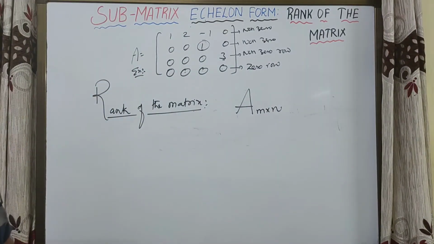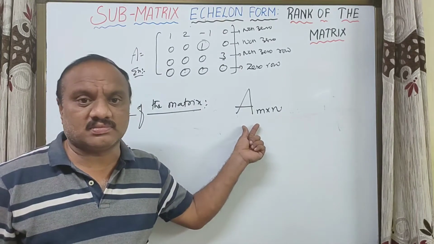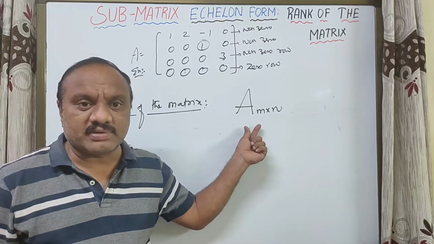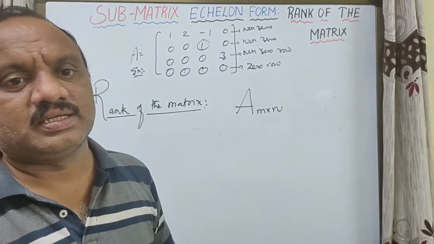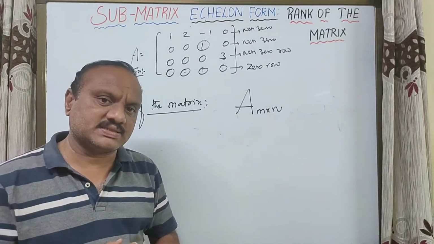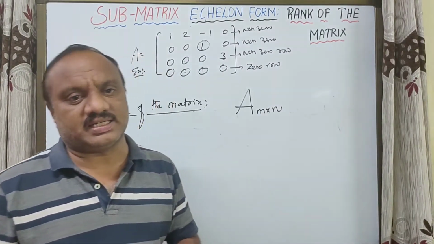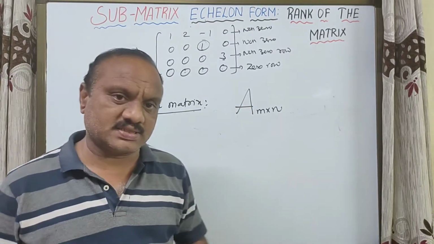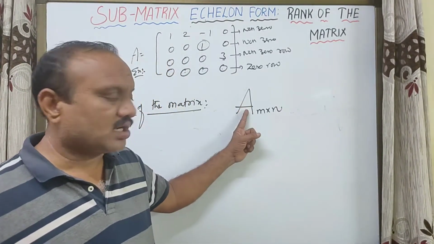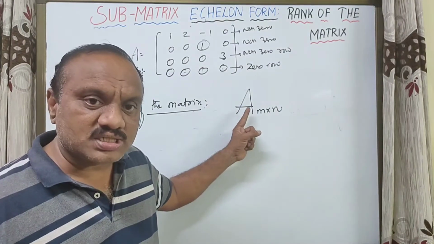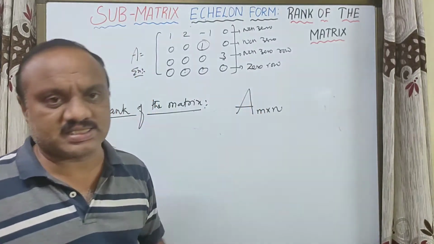The highest or maximum order of the non-singular square matrix of the given matrix, the maximum order of the non-singular matrix of the given matrix is called the rank of the given matrix A.